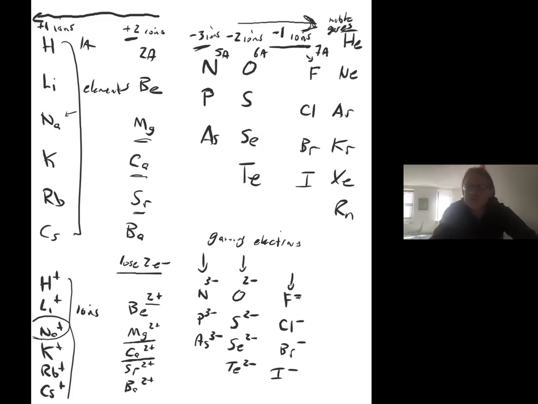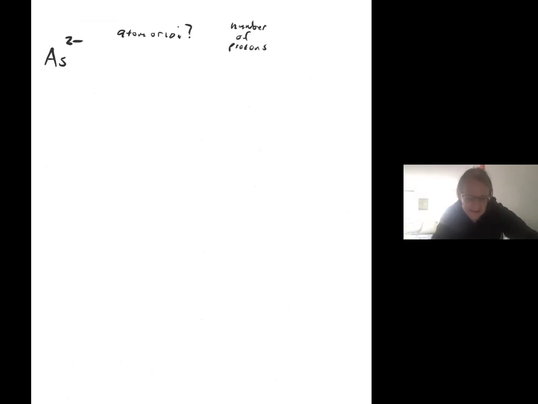Okay, so let me show you an example here. I want to show you a problem. What they do is they give you a symbol, and then they ask you, is this an atom or is it an ion? And then they ask you for the number of protons and the number of electrons.